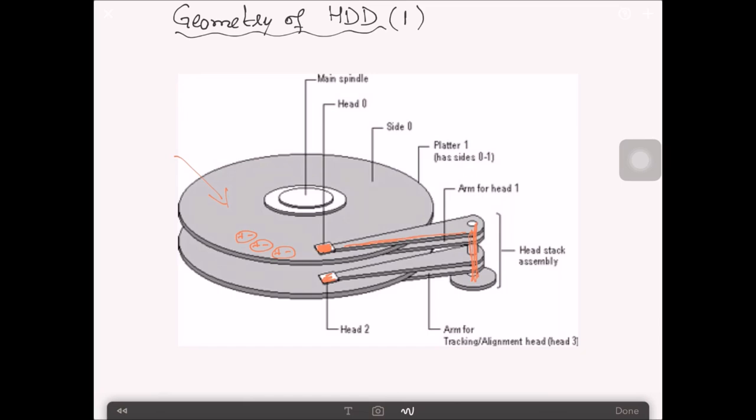This is the head 0. There will be a head 1 below it. This is head 2, and there will be a head 3 below it. So there are a total of 4 heads because there are two platters.